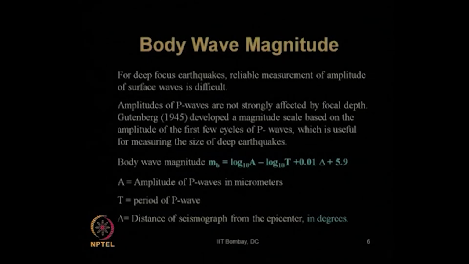Whereas, for deep earthquakes, we have seen another scale, that is body wave magnitude, and Gutenberg in 1945 gave this equation to estimate the body wave magnitude knowing the amplitude of the P wave in micrometer unit. T is the period of the P wave and delta is the distance of the seismograph from the epicenter. And as we have mentioned, this body wave magnitude is mostly used for deep earthquakes.